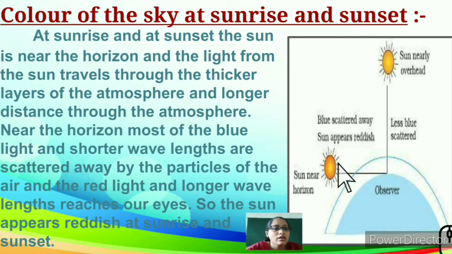Hence, what is the color observed by us during sunrise and sunset? We find it as red, because blue light is scattered away and longer wavelength red light is visible to our eyes.